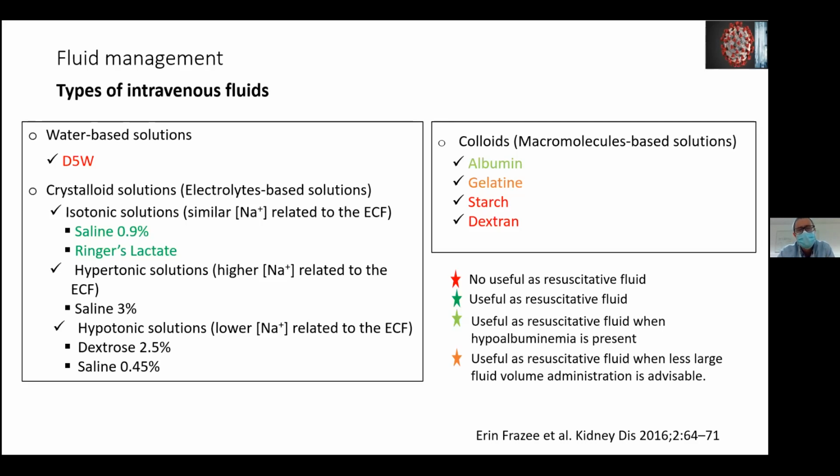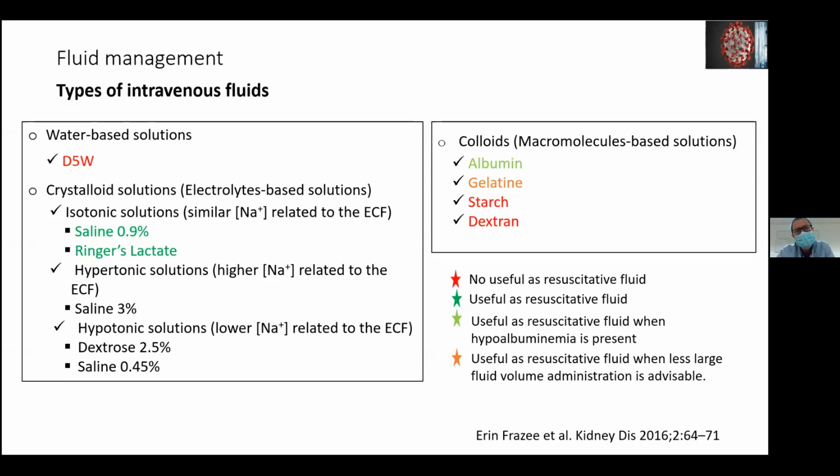Those are the two main fluids that we use in resuscitation. The other fluid is hypertonic solution. We don't have it in our setting, and it's recommended only in the trauma setting. Hypotonic solution we only use when the patient is hypernatremic, when we want to provide free water.